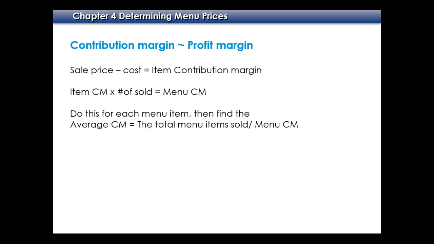Then you want to do that for each menu item. And then you're going to find the average contribution margin, which is the total menu contribution margin divided by the total menu items sold. And then compare that back to the average.